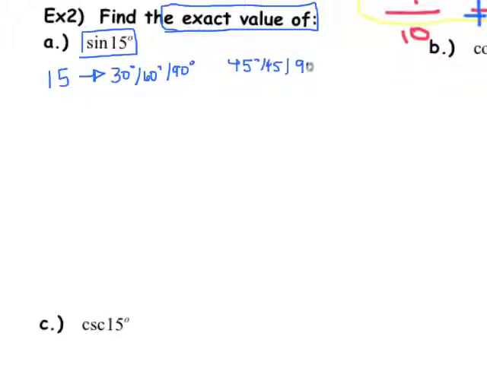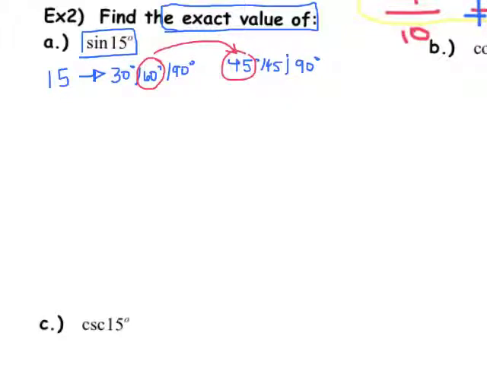However, 15 can be the combination of two of these numbers, and that's what we're doing, we're basically combining. So 60 minus 45 gets you 15.